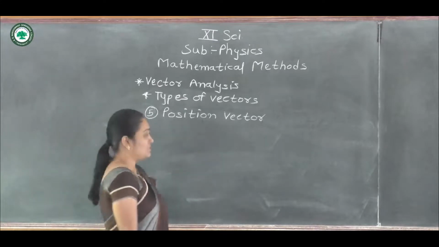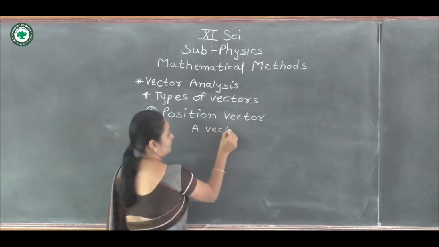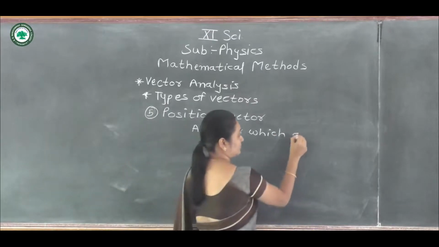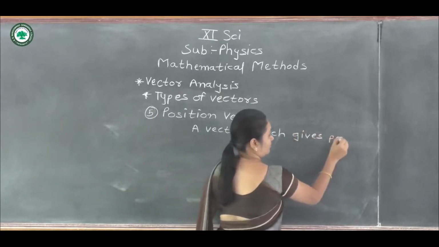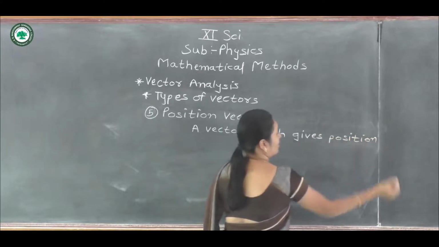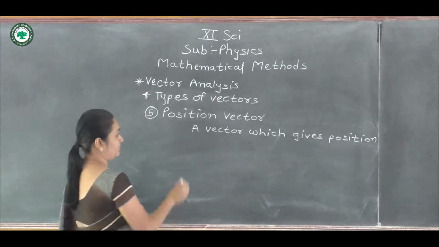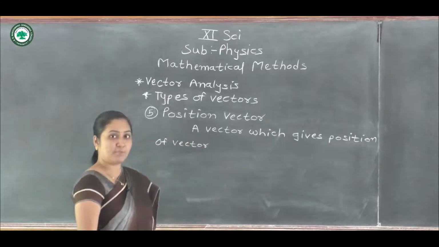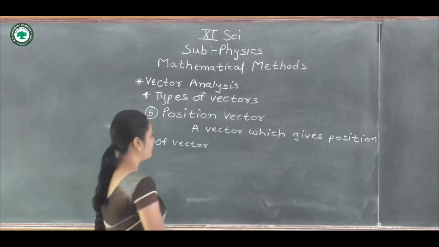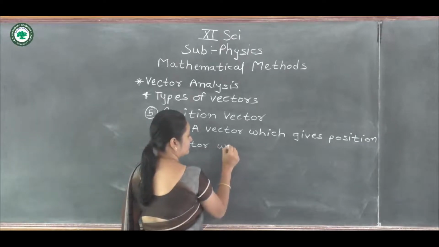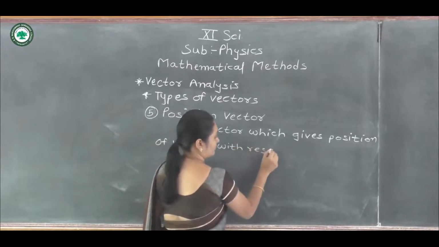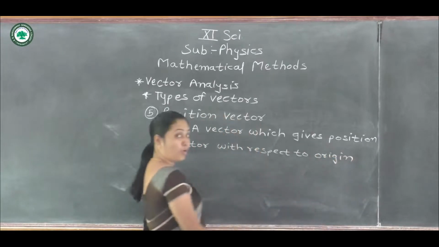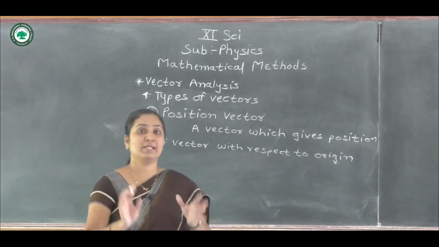Position vector means a vector which gives the position of that particular vector with respect to the origin of the given coordinate system.